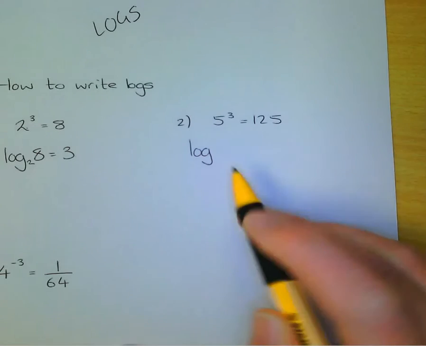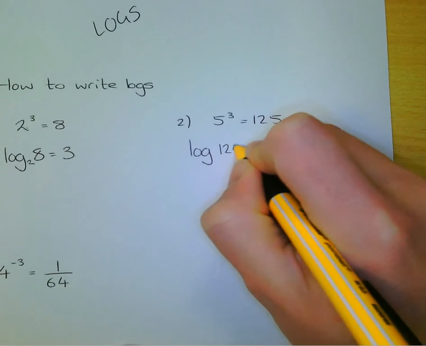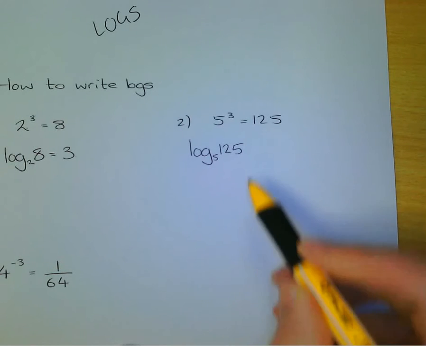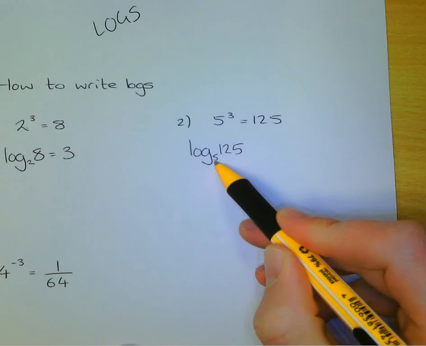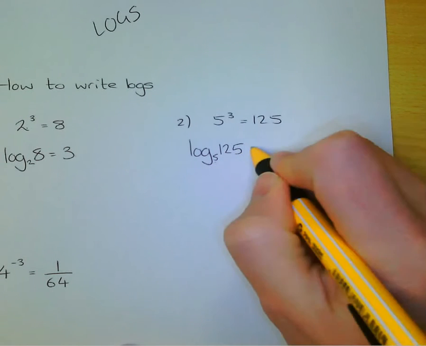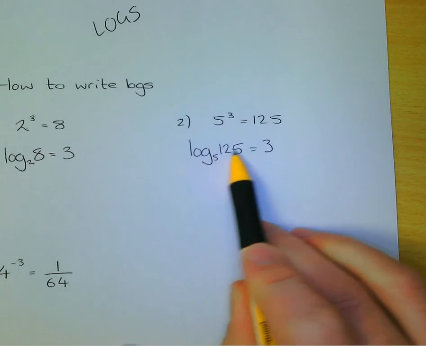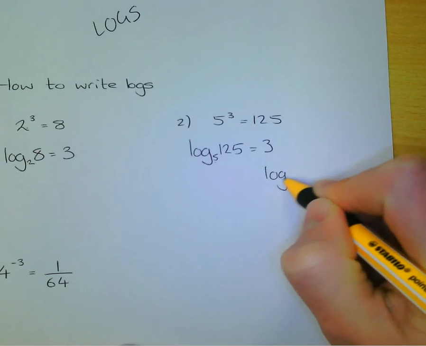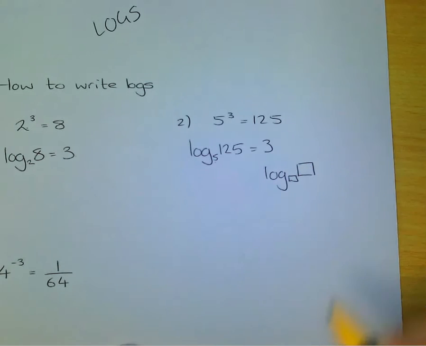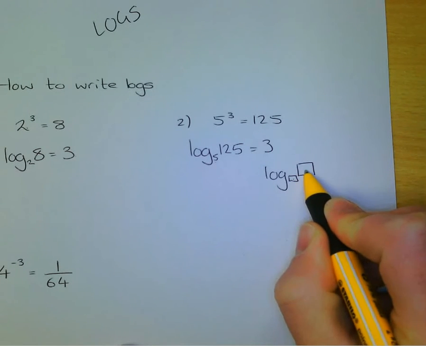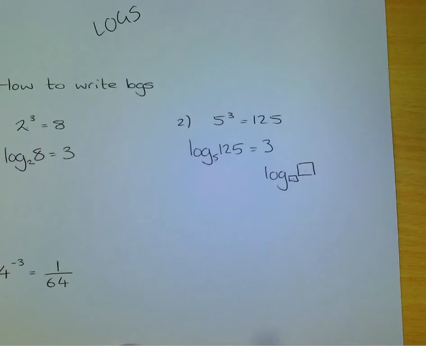We are finding the log of 125 to the base 5. The base values are staying the same. This is now on this side, and the power is now over here. If you type this into your calculator, you're looking for a button that probably has 2 little boxes, one for the base value and one for what you're finding the log of. When you type that in, you will get 3.